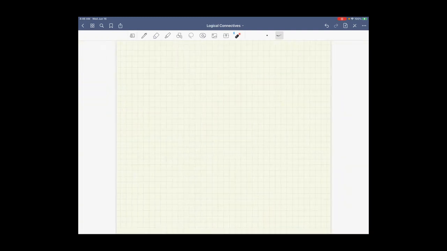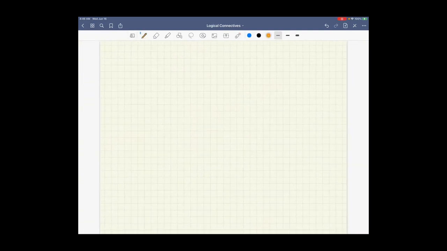Here's one maybe very simple example, demonstrating the idea behind logical connectives. So we have the quadratic equation x squared minus 3x plus 2 equals 0. We agree for now that unless otherwise stated, all our symbols represent real numbers.